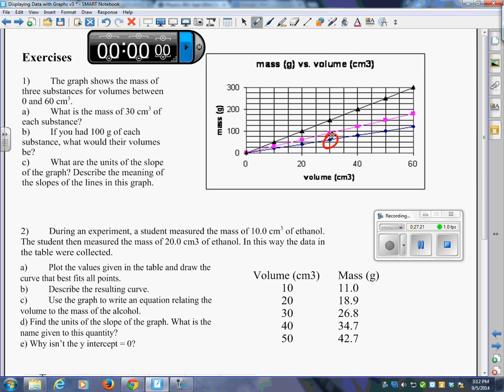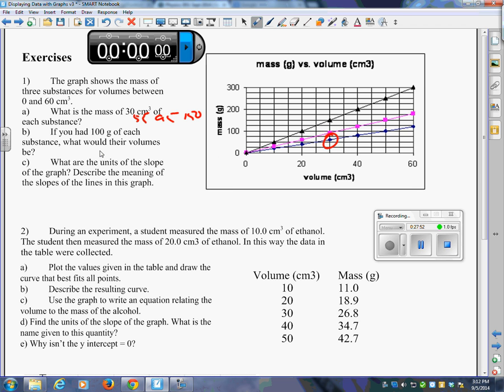So the answer should be about 55, and then about 95, and then about 150. Right? Can you read a graph? That's what it is. What is the mass of each substance? That first. I started at the bottom.